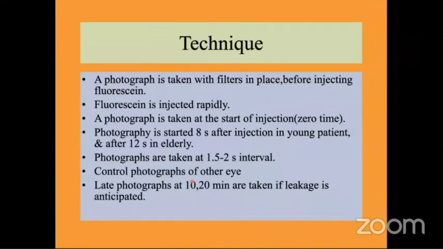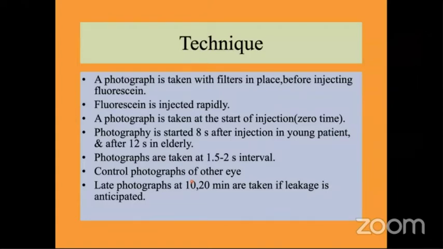As soon as you inject the dye, you have to take an image at 0 time. Then photography is started at 8 to 10 seconds after dye injection. Then you repeat every 1.5 to 2 seconds until 30 seconds, then at 1 to 2 minutes. Then you can take late phase at 6 to 8 minutes.